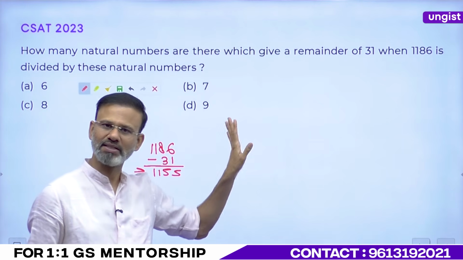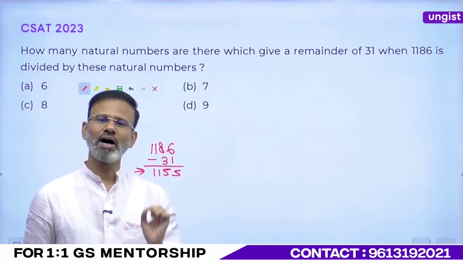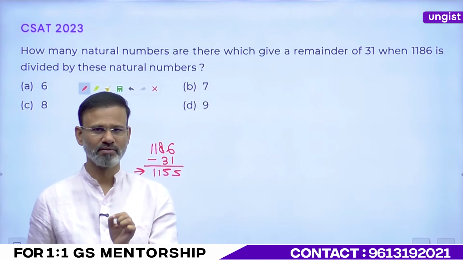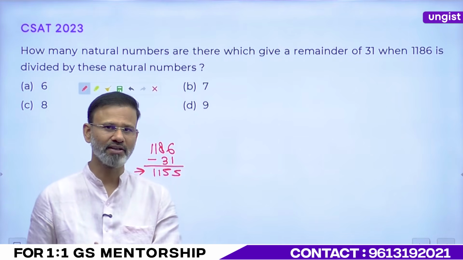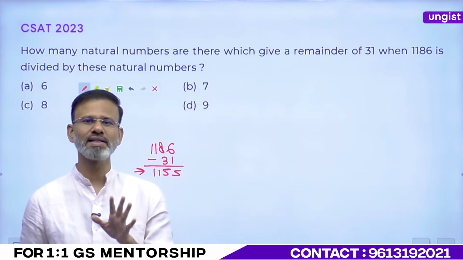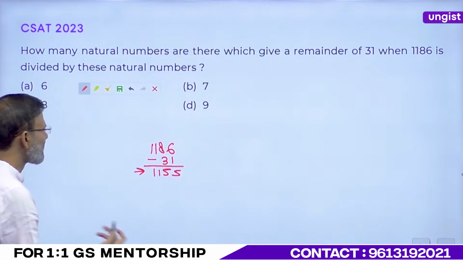Whatever is written, the actual comprehension of the question is: how many total factors of 1155 are there which are greater than 31. This is the exact meaning of the question. Okay. Now let's solve it.